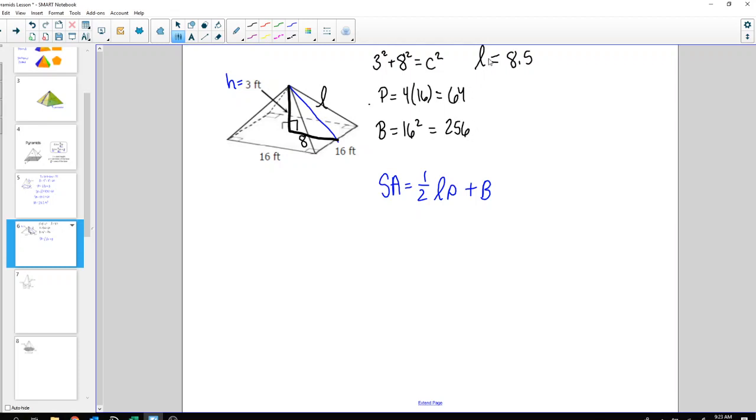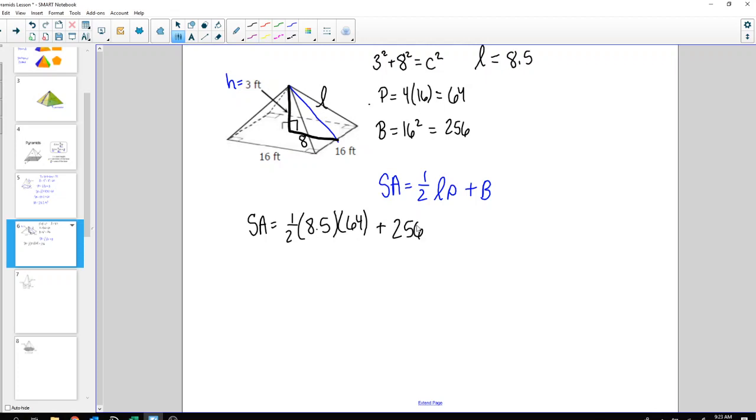So now I have all the pieces. I have my slant height, I have my perimeter, and I have my base. I can go back to plugging those things into my surface area formula. So surface area equals 1/2 times 8.5, so that's my slant height that I found using my Pythagorean theorem, times the perimeter, which is 64, plus the area of that base, which is 256.